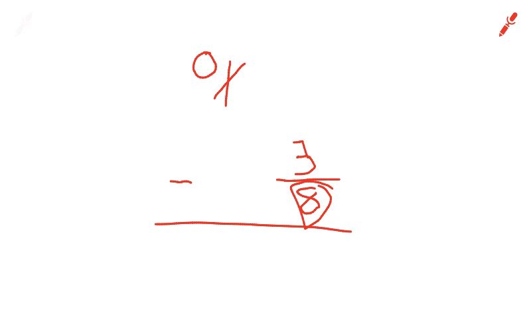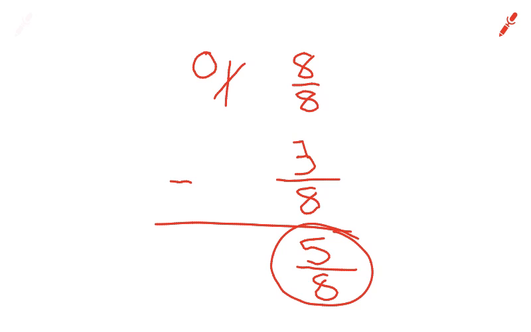Since that is an 8, the one we borrowed will become 8 over 8, which we know that's the same as 1. 1 equals anything over itself, like 8 over 8. 8 over 8 minus 3 over 8, we're left with 5 over 8. And that is our answer. 5 over 8.